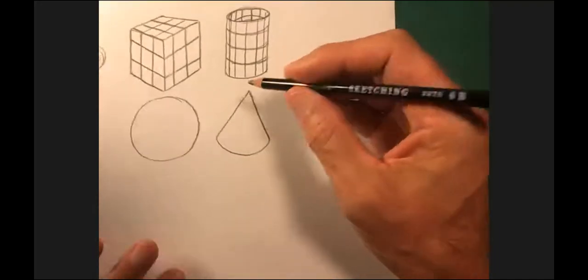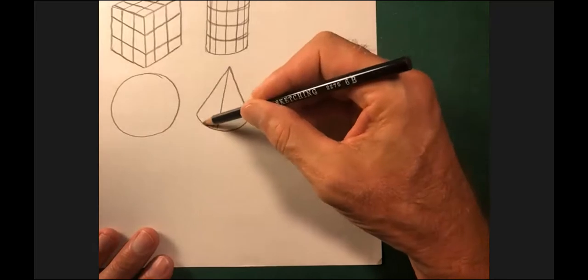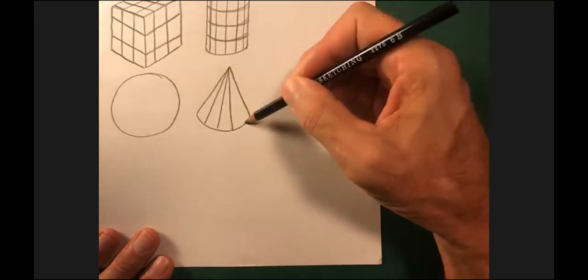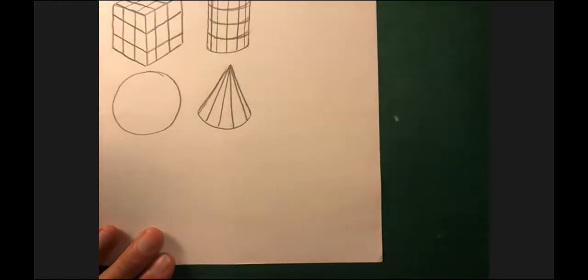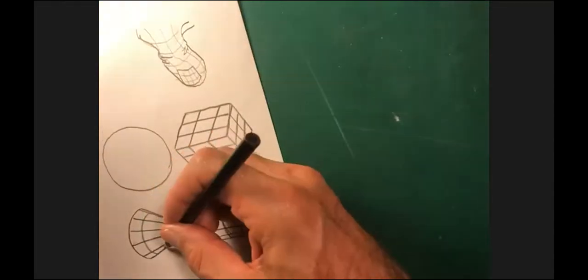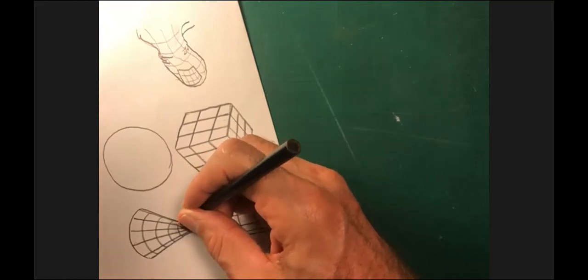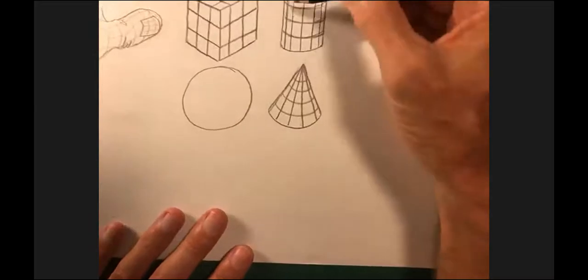And then our cone comes to the top. And then of course they wrap around. It doesn't matter if your sections don't have to actually be square. They can be rectangles. That doesn't really matter.